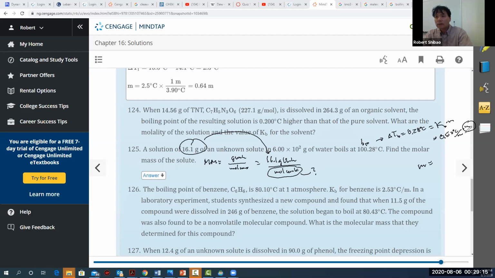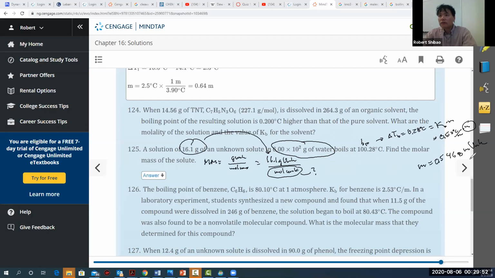The molality is going to be 0.28 divided by 0.512. The molality is 0.5468. This is too many sig figs, but I'm allowed to, a molal of the unknown. All right, but they tell us the grams of solvent, and so we can do this here.